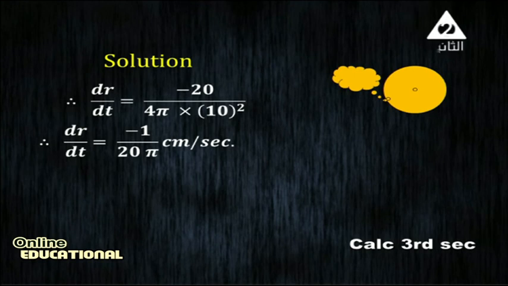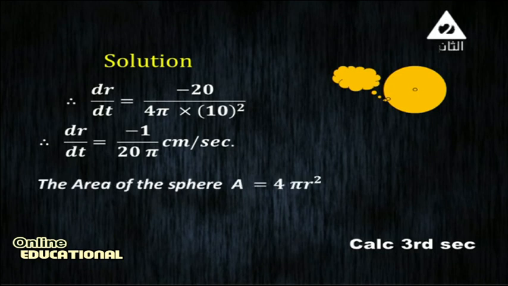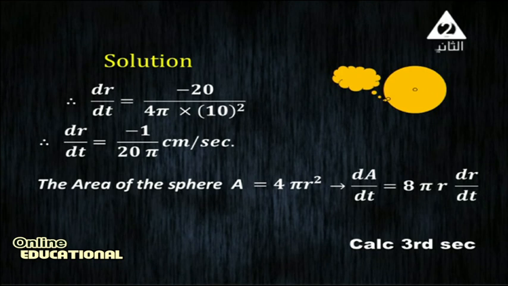Now what is the area of the sphere? The area of the sphere, A equals 4π r². By differentiating both sides with respect to the time t, then dA/dt equals 4π multiplied by the derivative of r².